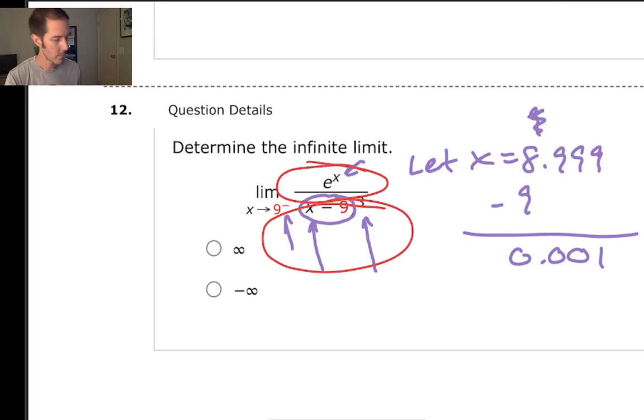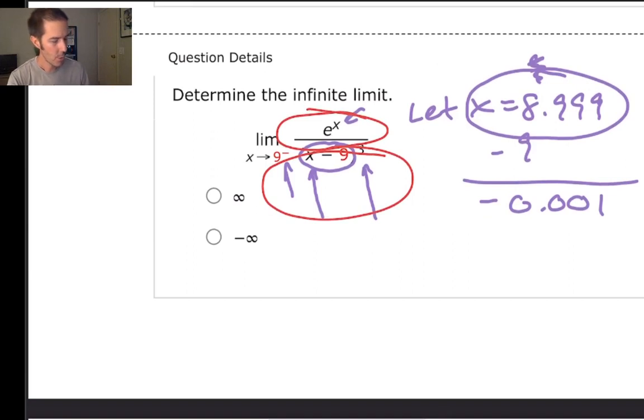Oh, I should point out, I made an arithmetic mistake. This is negative 0.001. What happens when you cube a negative number? You still get a negative number. So using this example of a value that's pretty close to 9, but it's a little bit to the left of 9, you end up with approximately 1,000 over a negative, very small number.